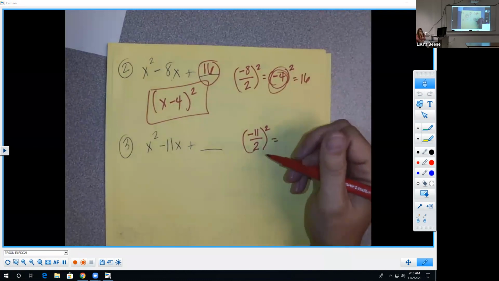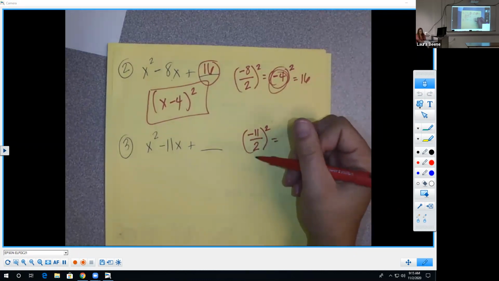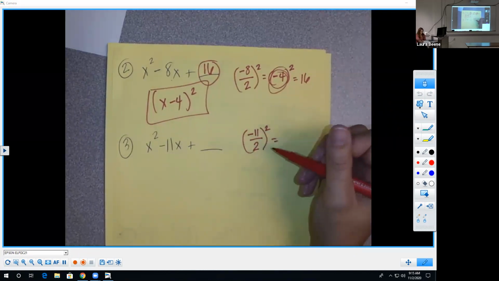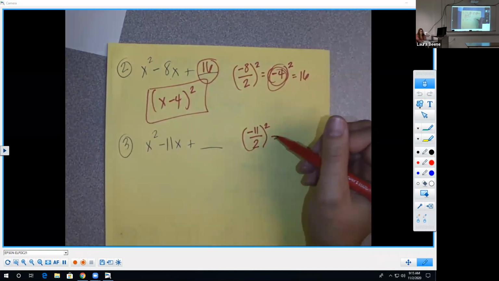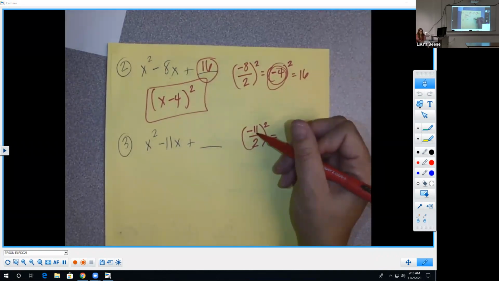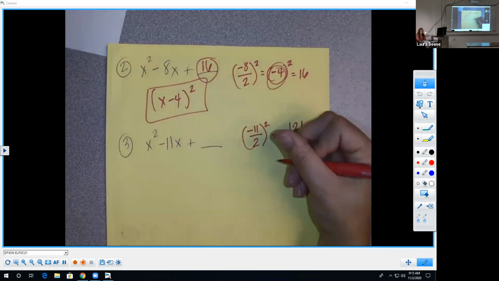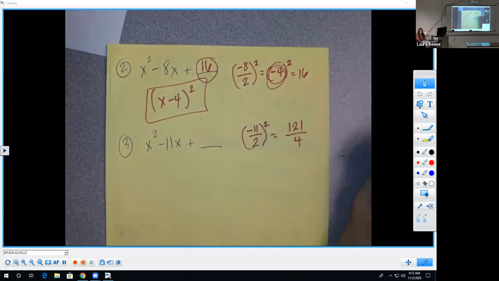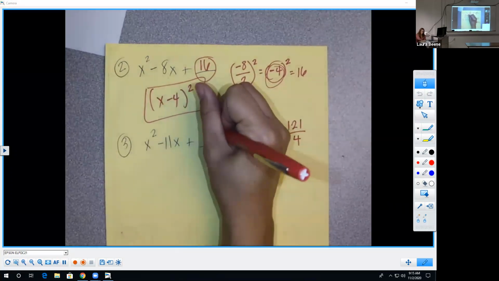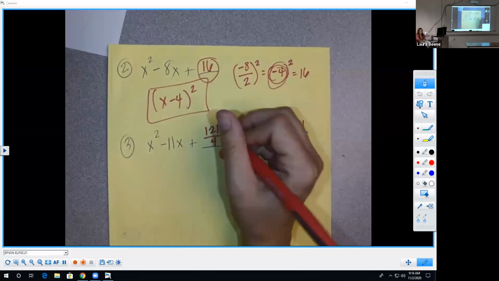That doesn't divide evenly, so you want to leave it as negative 11 over 2, because it's easier to square that way. To square a fraction, you just square the top, square the bottom. What's negative 11 squared? 121. And then 2 squared is 4. So that's the number that goes in the blank, 121 over 4.